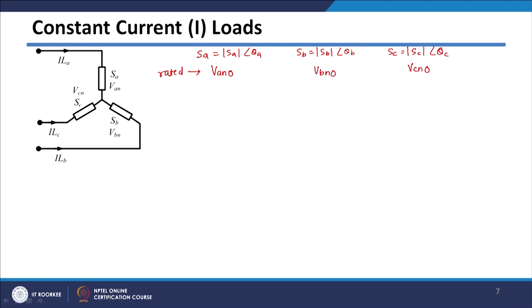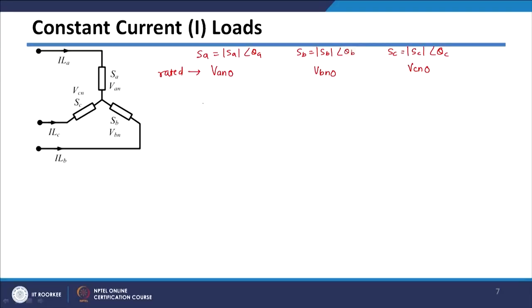Only magnitudes are needed here. In a constant current load, only the current magnitude remains constant and the angle may change, so the current magnitude can be easily calculated.